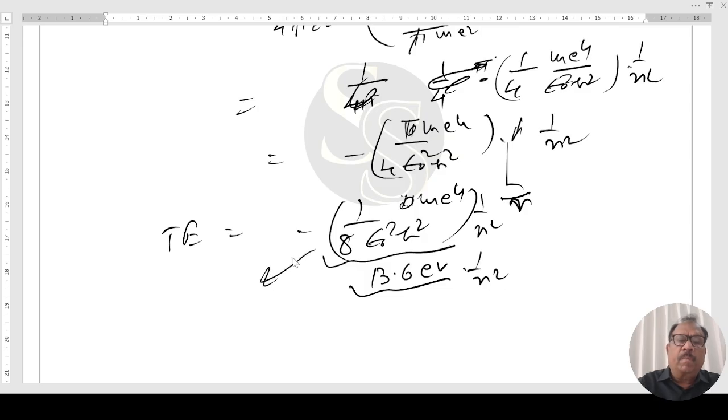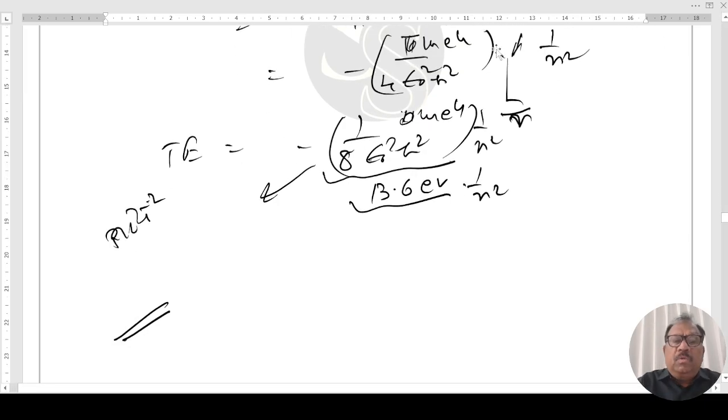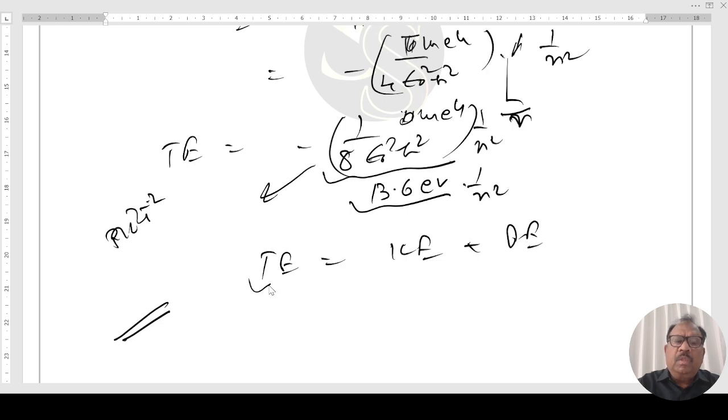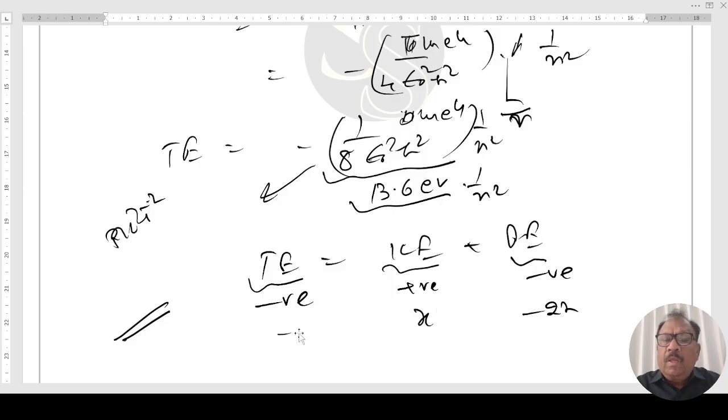The dimension is M L squared T to the power minus 2, the dimension of energy, right? Total energy comes out to be kinetic energy plus potential energy. Total energy is always negative, kinetic energy is always positive. If potential energy is minus 2x, kinetic energy is x, so total energy will be minus x.